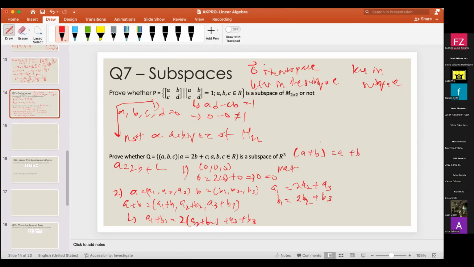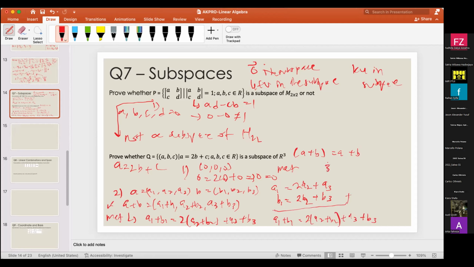Because there are also instances where this is not so. Okay, and if we add these two together, this will be A1 plus B1 equals 2 times A2 plus B2 plus A3 plus B3. And so, because this is the same as this, your second criterion is met.